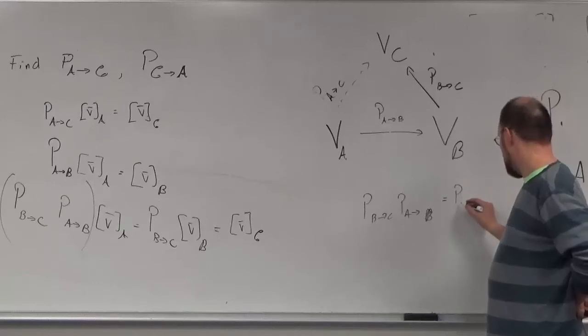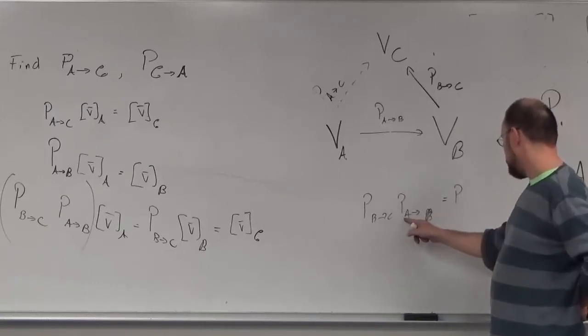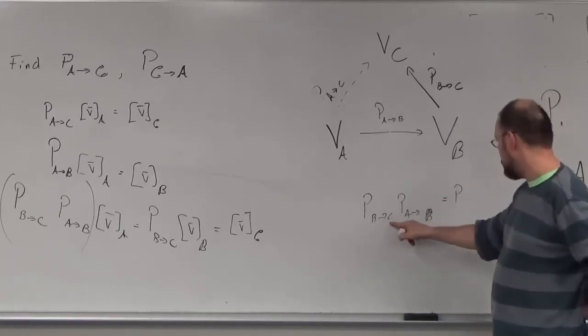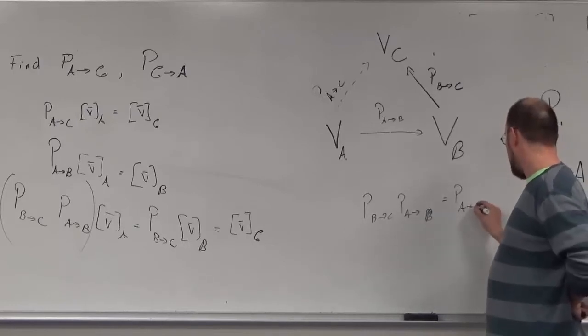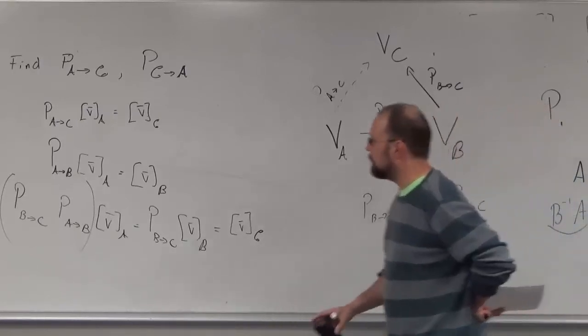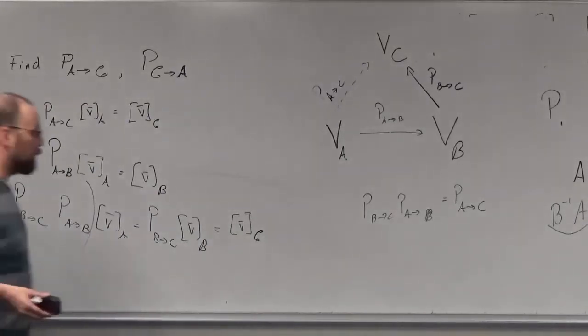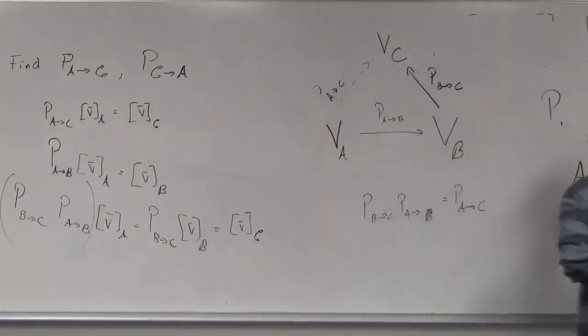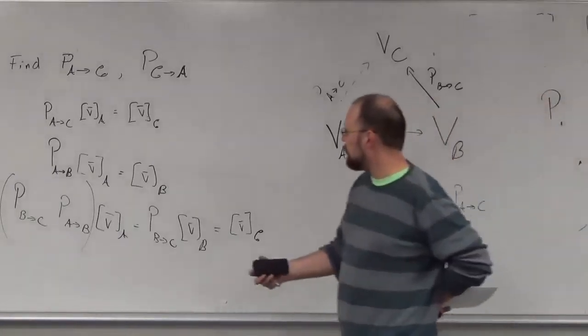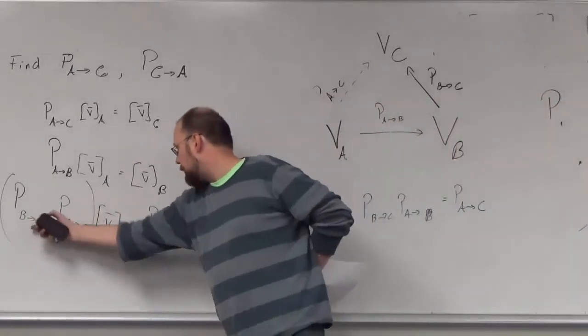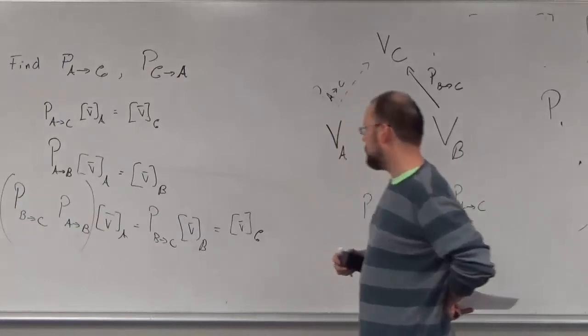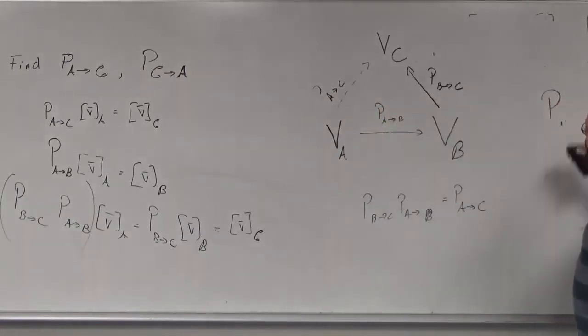So you start with A, go to B, and then from B, go to C. This says that you simply want to multiply these transition matrices. You just have to know the order. You can remind yourself algebraically how you would multiply these transition matrices, or use a graph.